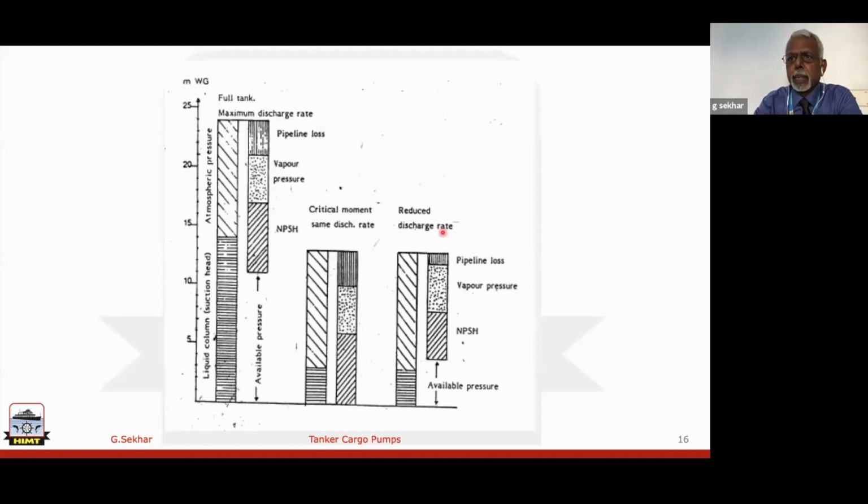We reduce the knob, which controls the speed governor, which sends steam to the turbine, the COPT. So now the pipeline loss is reduced because of the discharge rate, and NPSH required is also reduced, and your available pressure is here, so that you will be able to complete the cargo discharge without any issues.